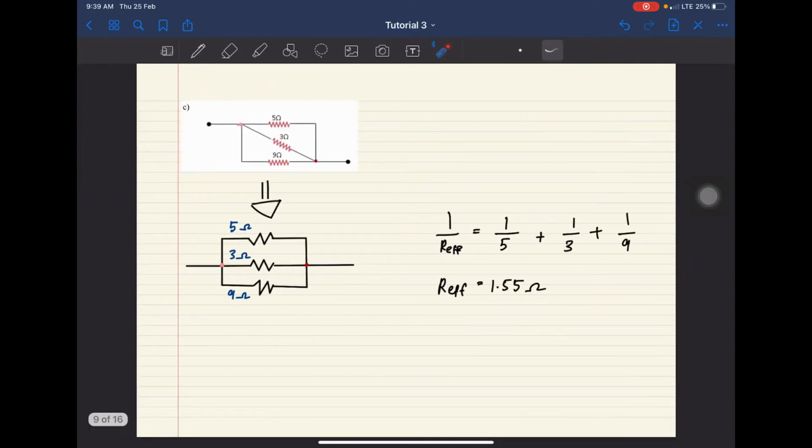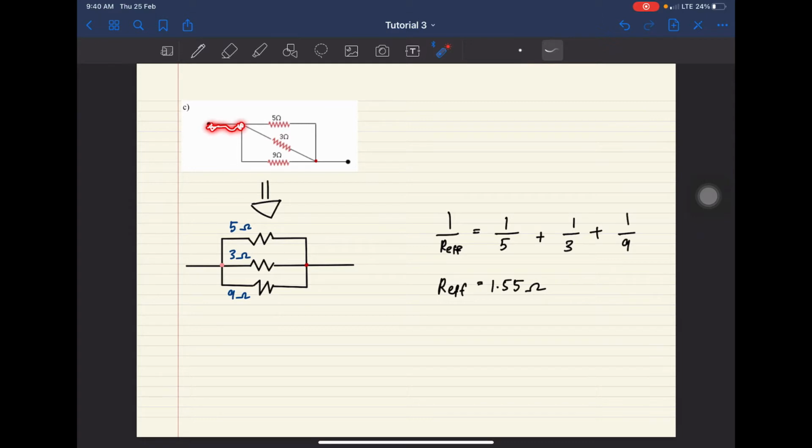Okay, the next example will be this one. Sometimes students feel it is confusing because there is one that is diagonal like this. But don't get confused, you can always redraw. My preference would be to have the resistors on the x-axis, so I will redraw so that the resistors are horizontal. So I go from here, and then the current flows and meets a junction.